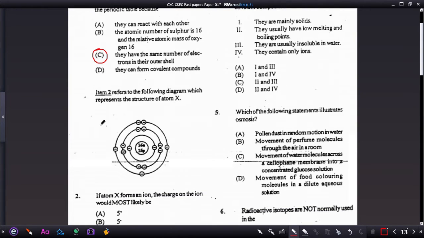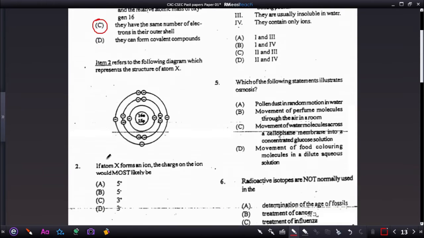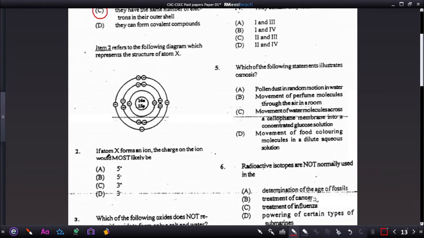Item 2 refers to the following diagram, which represents the structure of atom X. So atom X is here and it has 1, 2, 3, 4, 5 electrons on its outer shell. Atom X is a non-metal, which means that it needs 3 electrons to achieve a stable octet.